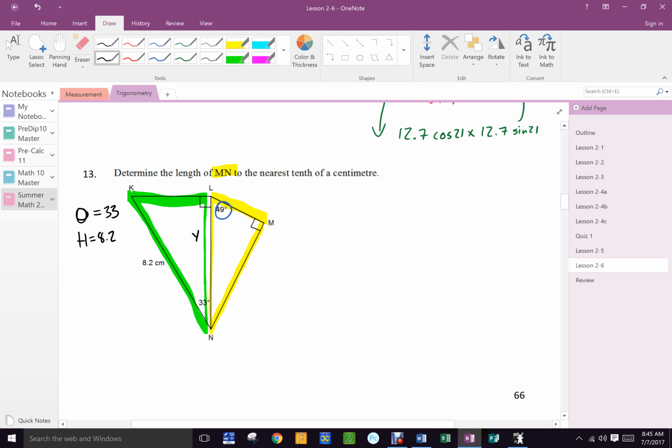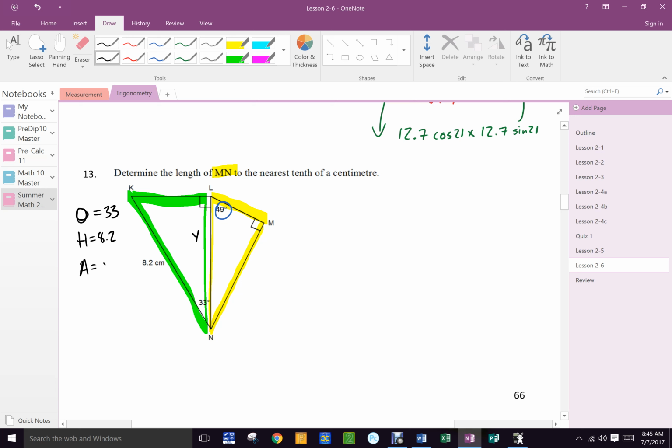I give this question a million times and I get students, they find everything on this page. And it takes them like an hour. Did I need that? Did I need X? No. So I'm not even going to find it. I need Y. Now, is that Y compared to my 33 an adjacent or an opposite? It's an adjacent.